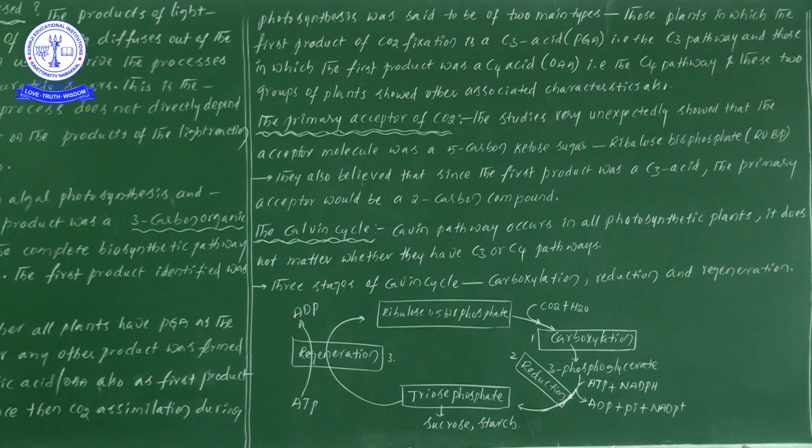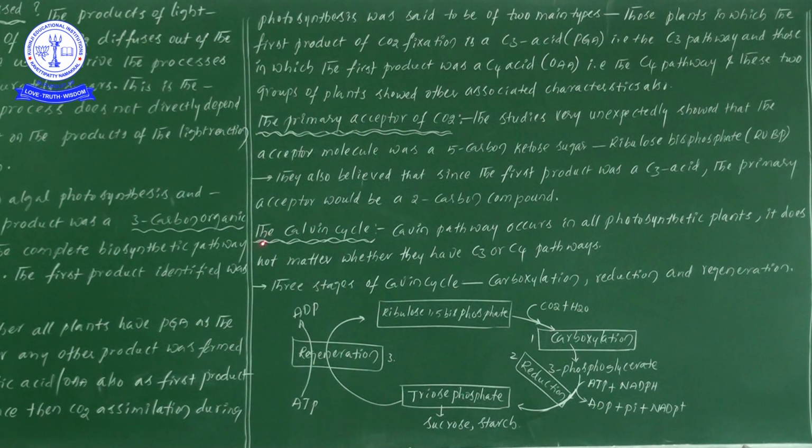But what they found is that the first carbon dioxide acceptor is not a 2-carbon compound, it is a 5-carbon compound, ribulose bisphosphate, or simply RuBP.